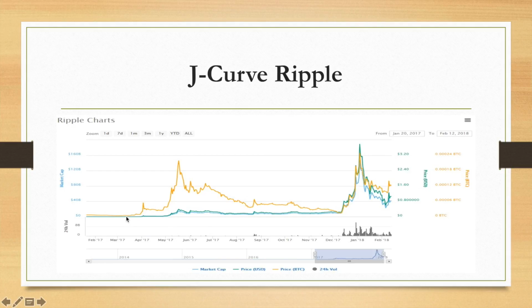We saw Ripple go from under a cent up to 5 cents, stay at 5 cents for a little while, then jump all the way up to 40 cents, hover around 20 cents for a while, and then go all the way up to $3. We see that over time through a number of different coins. Usually it correlates with the market cap, and Bitcoin usually is the first one to go. But with a coin, whenever it starts out, we see this happen.